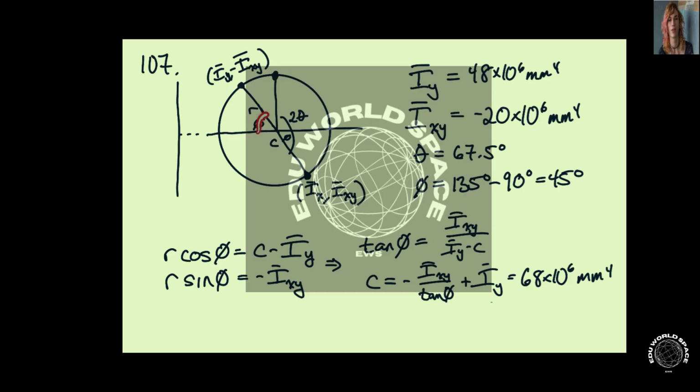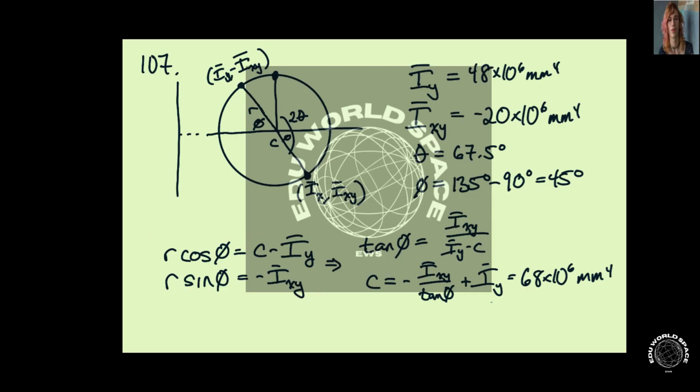So we also know that this is phi since this is phi. So r sine of phi is minus I bar xy. Okay. So what we don't know here: we don't know c and we don't know r, but we got 2 equations.